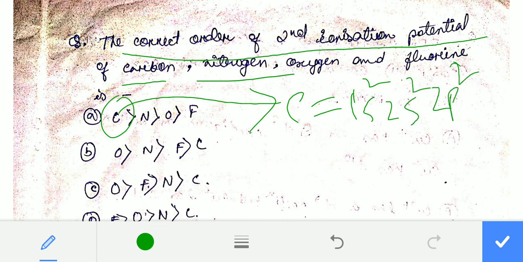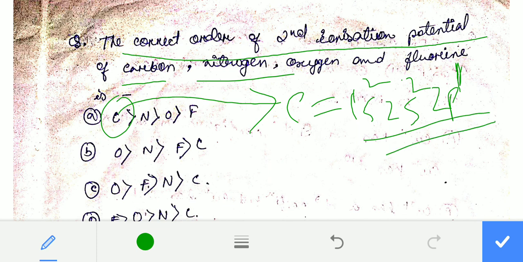Now, since it is asking about the second ionization potential, it means one electron has already been removed from the outermost orbital. The configuration will be 2p1. Ionization potential means the amount of energy required to remove the most loosely bound electron.